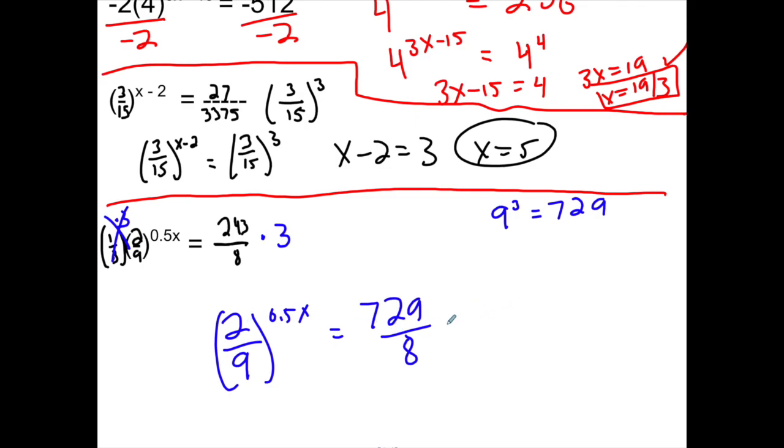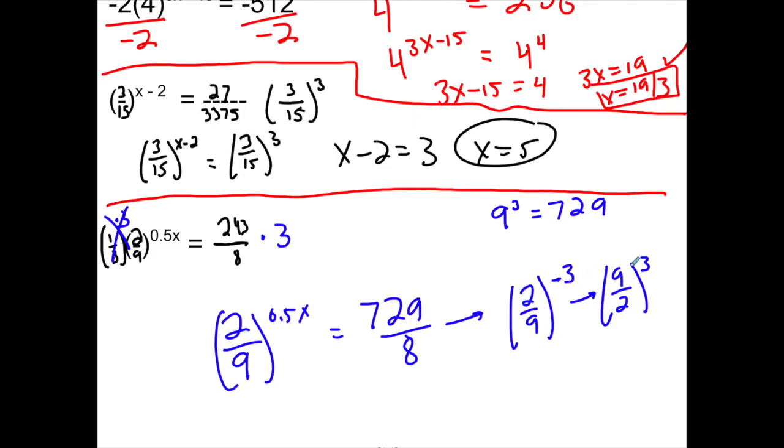So here's what I do. I take the 2/9 and I make it negative. So the 9 comes up and the 2 goes down. And then I do my 3, because this is equal to 9/2 to the positive 3.